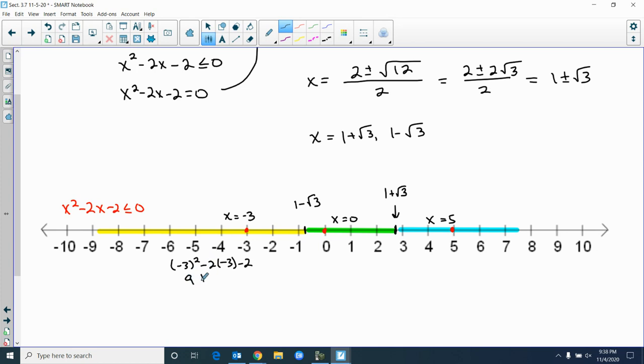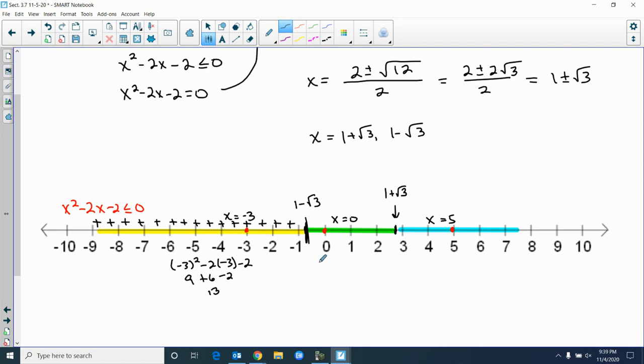What is that? 9 plus 6 minus 2. So I get 13, a positive number. So everything will be positive all the way to that 0. Okay? Don't stop at the checkpoint. Go all the way to the 0, which is right there.